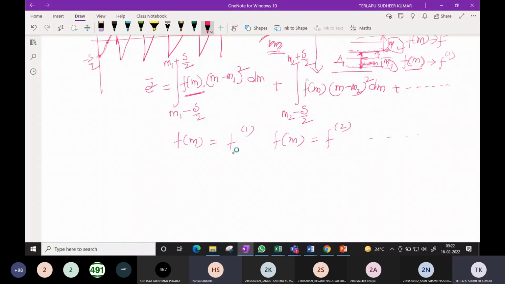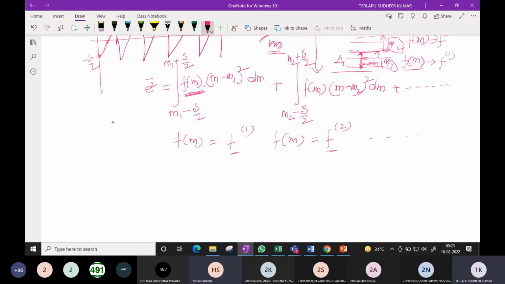And this value is constant. The probability value of occurrence of the signal in that region is a constant value. This value is also a constant. Because my f of m is constant, I can bring this f of m to the outside for all the terms.